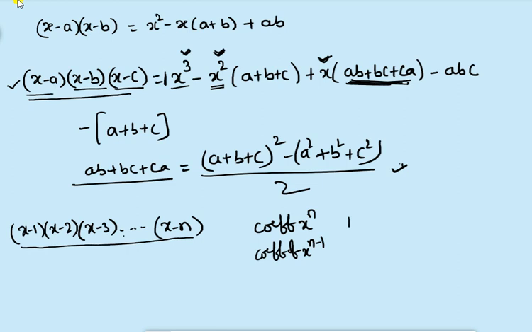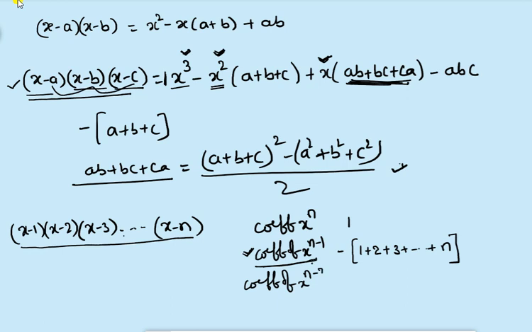Okay, so the next highest power is n minus 1. To get its coefficient, we have to write minus of (1 plus 2 plus 3 plus and so on plus n), right? So to get the next highest power coefficient, this sum only, minus of (a plus b plus c) only.